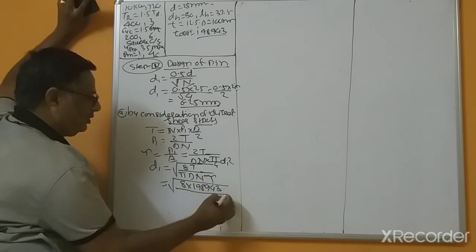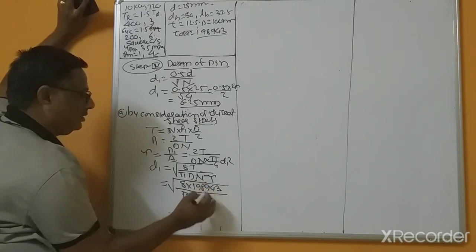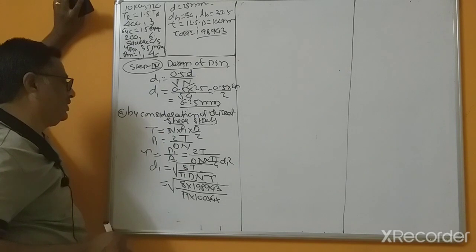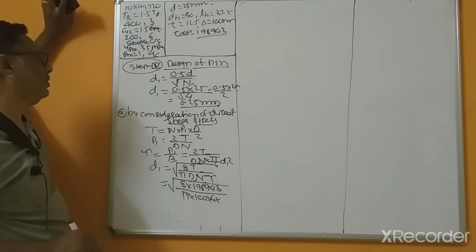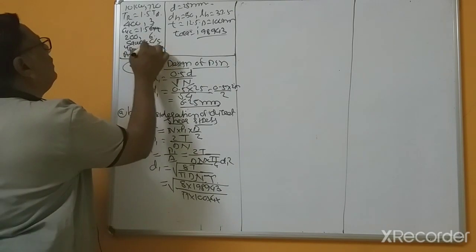198,943 divided by pi, d equal to 100, n equal to 4, tau equal to, and this is for the pin. This is given as 35.